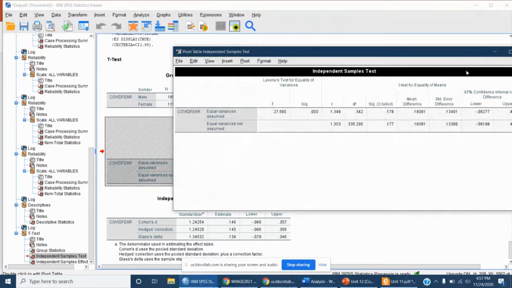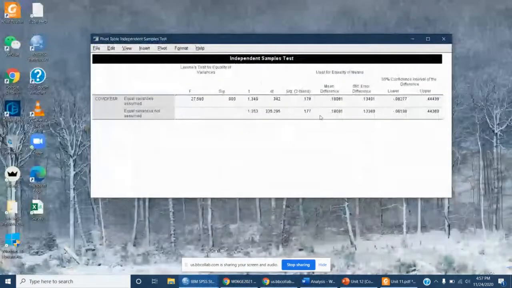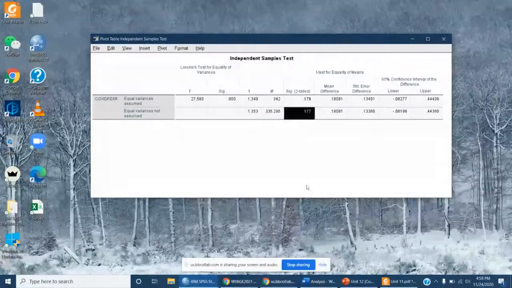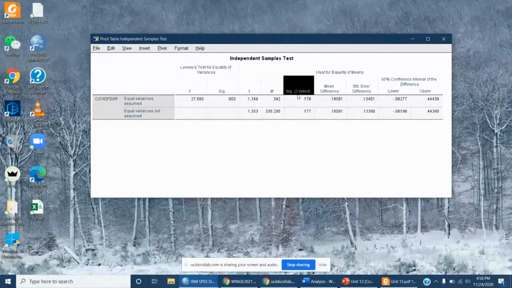In this particular column, I will check the second value, which is 0.177. Now this value is greater than 0.05.